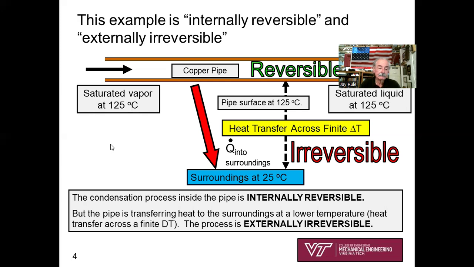And I see in my text box, I said heat transfer across a finite dT. Shame on me for not changing that to delta T. The process is externally irreversible, but we will model the inside of the pipe as internally reversible.